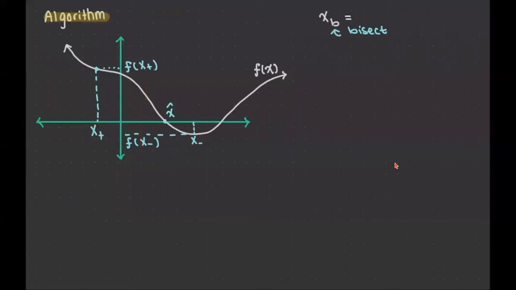The way we're going to define that is we're going to take the average. So we take x positive, add it to x negative, and then divide by 2. So if I can estimate here, here's x positive, here's x negative. If I were to say halfway point, maybe it's here. So let's call this x_b.